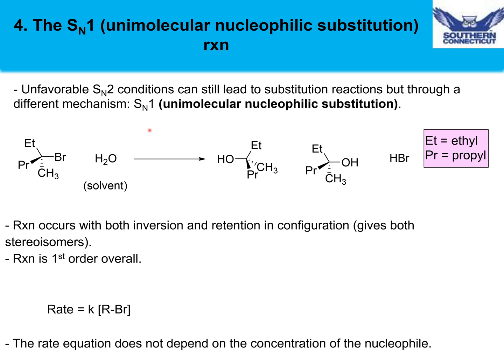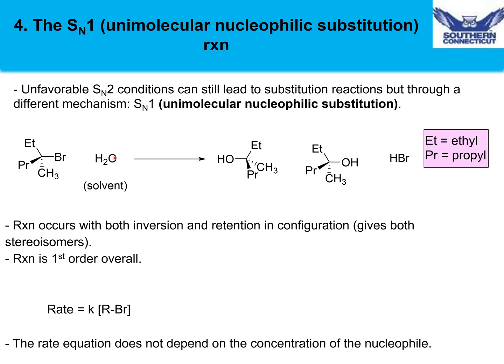So here's an example where we have a tertiary alkyl halide reacting with water. Water will serve the role of both being the solvent and the nucleophile. So as we discussed previously, tertiary alkyl halides are very poor electrophiles for the SN2 reaction.